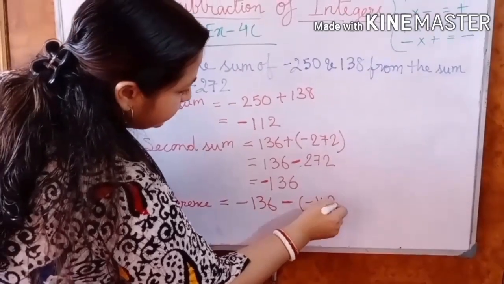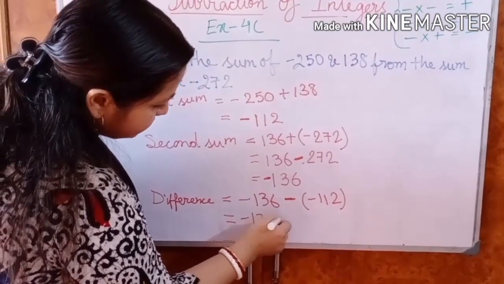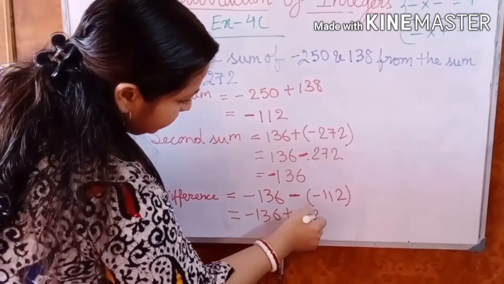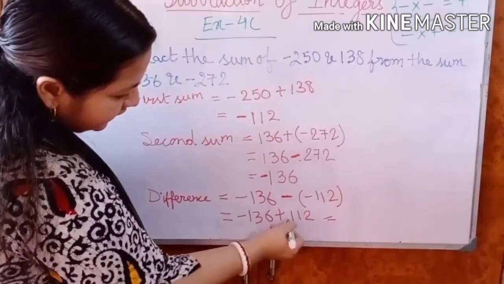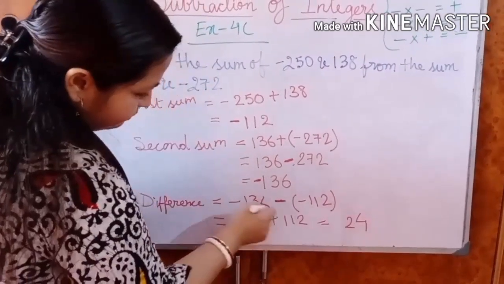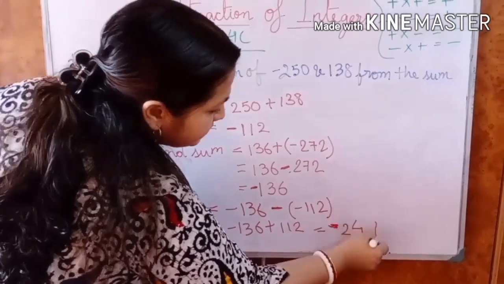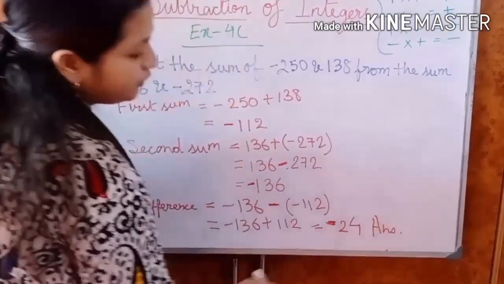Minus 112. And what we know? Minus into minus is plus. Plus 112. Again both are having different sign. So it will be subtraction and the bigger number is negative. So what is our answer? Our answer is minus 24.